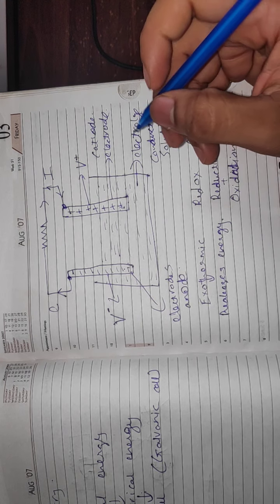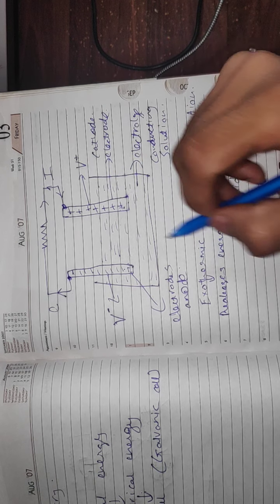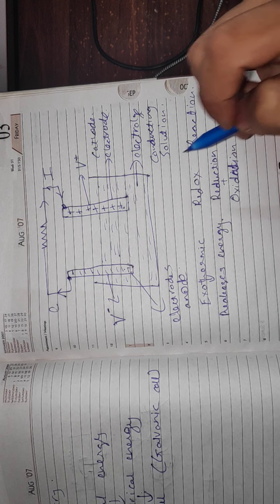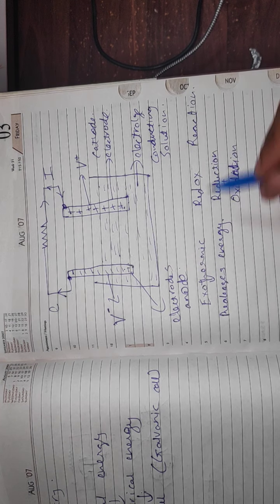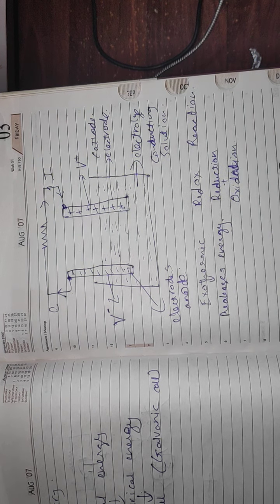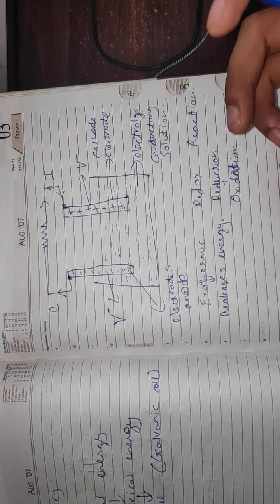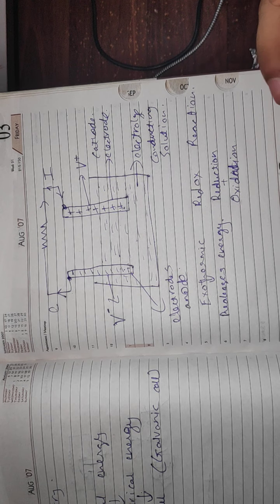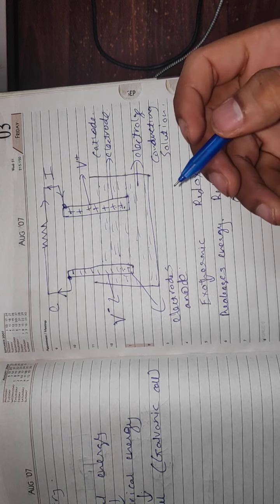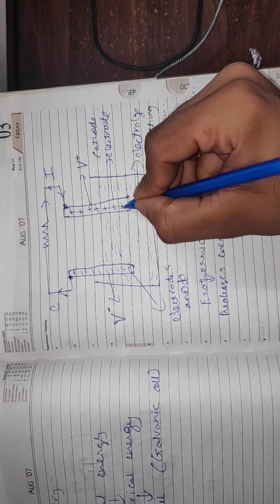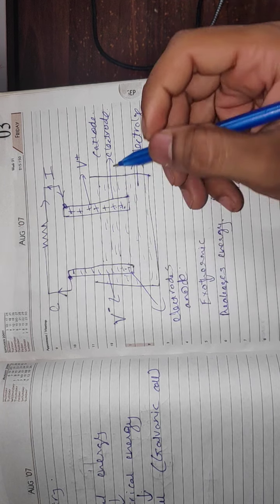No, it will always be repelled. So what you need to do is give some energy to it so that it can move towards this point. What is that energy? The energy that is released by the reaction between these things in the electrolyte. Due to the exothermic reaction, energy is released, and that energy is utilized by the electron to move from the positive terminal to the negative terminal.